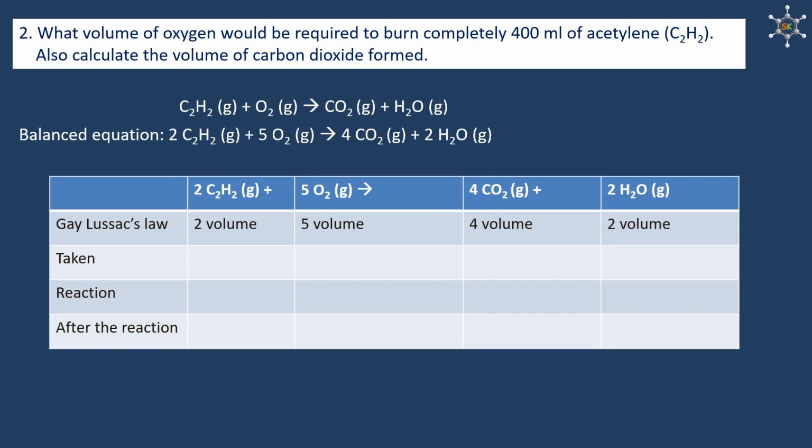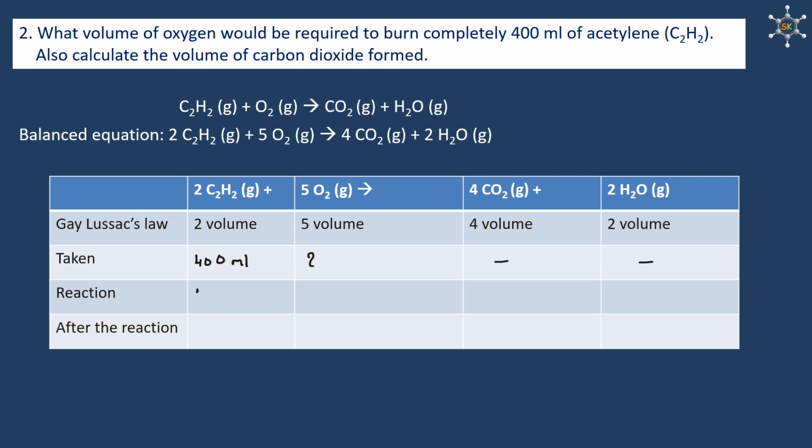The amount of acetylene taken is 400 ml. The amount of oxygen needed for the complete reaction is what we are supposed to calculate. At the beginning, when the reaction is started, we do not have carbon dioxide or water in the system.